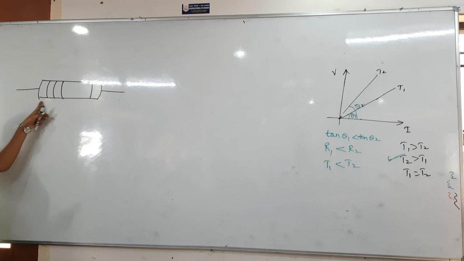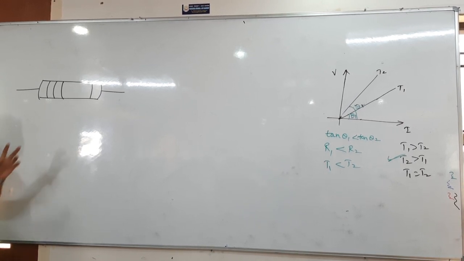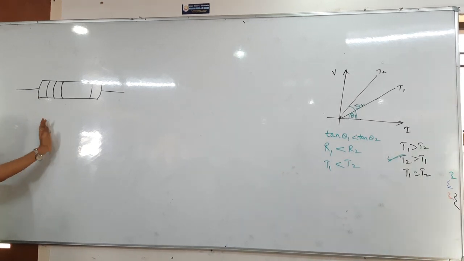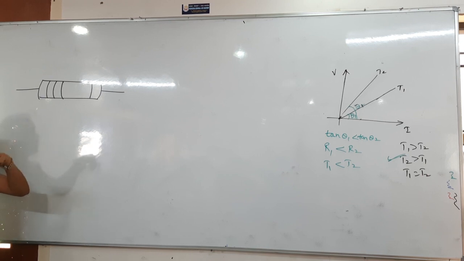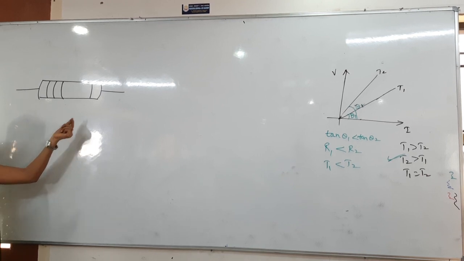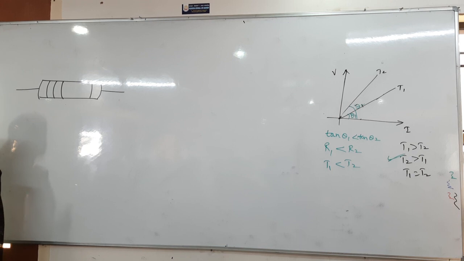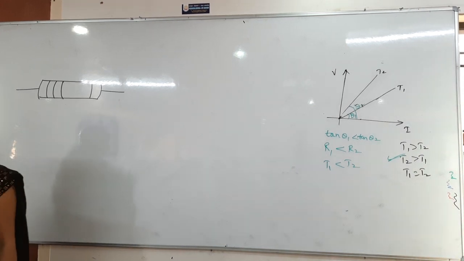What do the first two stripes give? For the first two stripes you have to write the number as it is. For the third stripe you have to raise the power of 10. Then the fourth stripe gives you the tolerance. What does tolerance mean?